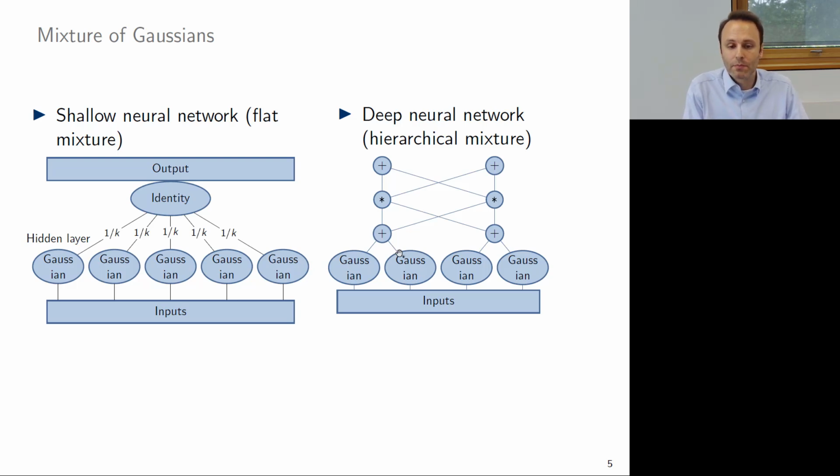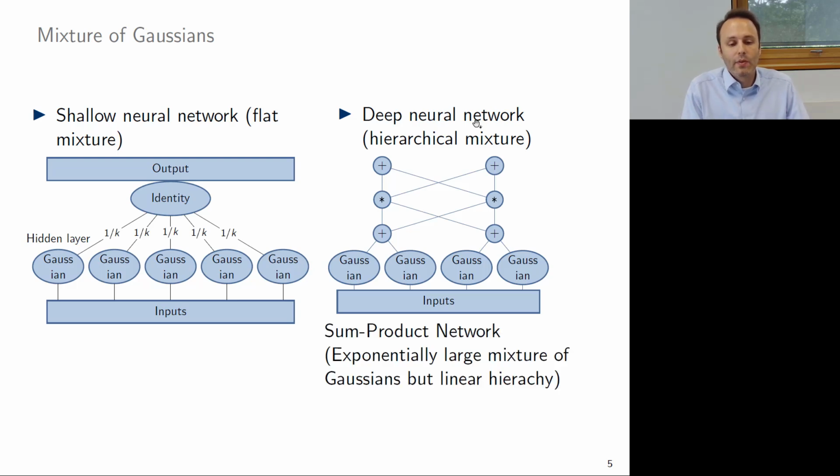So we create a mixture here, and here we create another mixture. Then we multiply basically 2 distributions on the second hierarchical level, and then we alternate. We again sum them up, and then so on and so forth. And with this structure, which is known as the classical sum product network, we can get an exponentially large mixture of Gaussians, but the hierarchy remains linear.